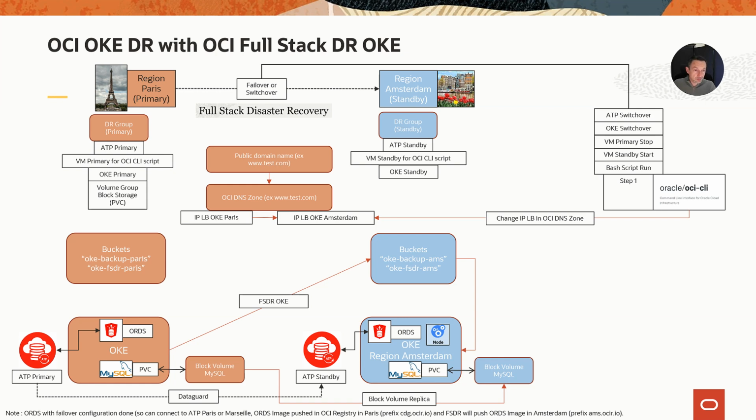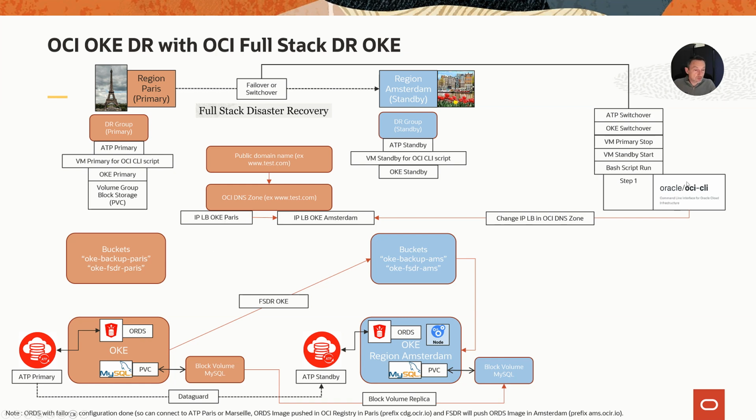And it's very nice to be able to code a script, because you can do what you want in the script. What I want to do is use OCI CLI in order to update my OCI DNS zone. For example, I have a public domain name, www.test.com, that is in relation with the IP of the load balancer of OKE, in order, for example, to expose ORDS to public requests.